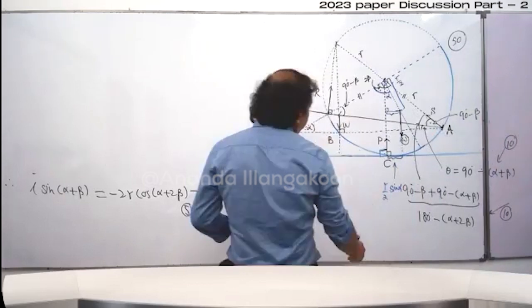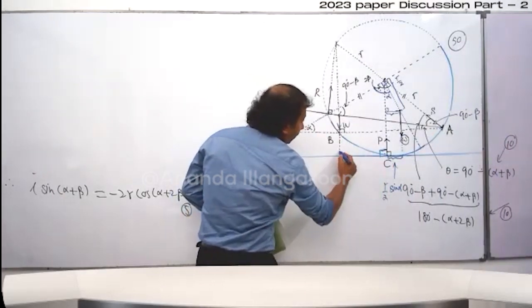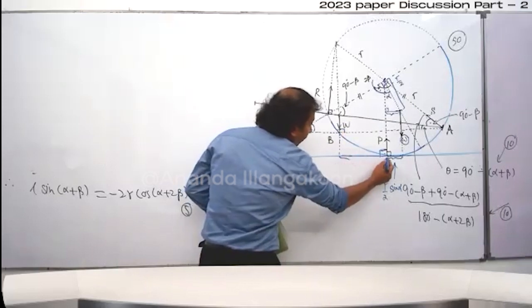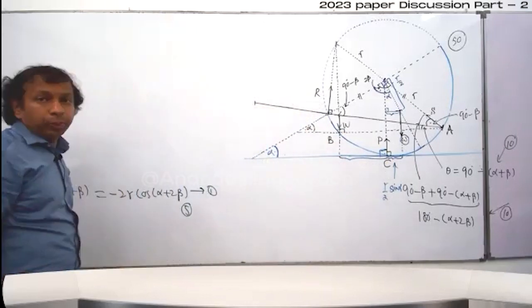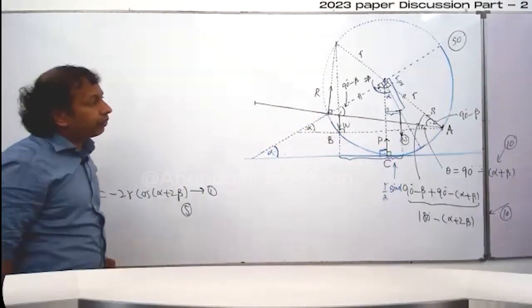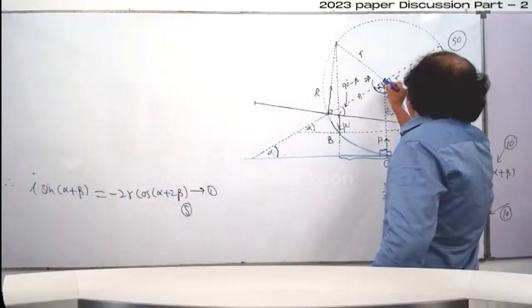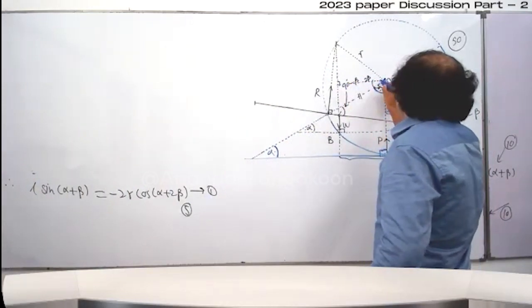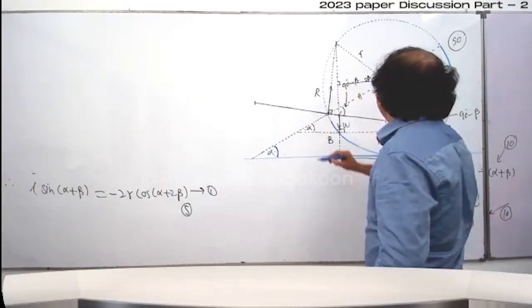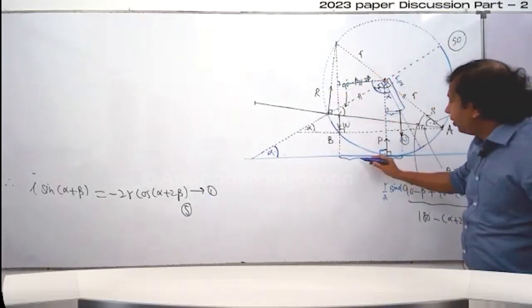Now, the weight of the rod. When you take moment around C, the weight of the rod gives moment. The required length is this. How to find that? That can easily be found like this, people. When we draw a horizontal line here, this is then the required length, this and this being equal.